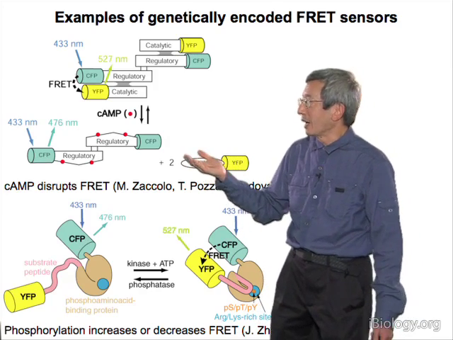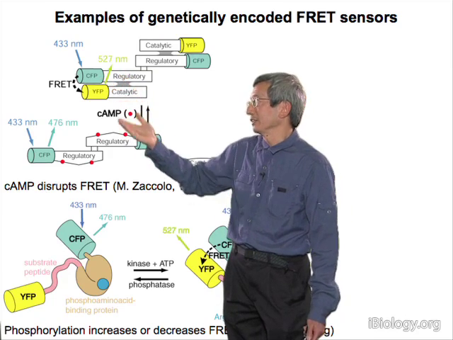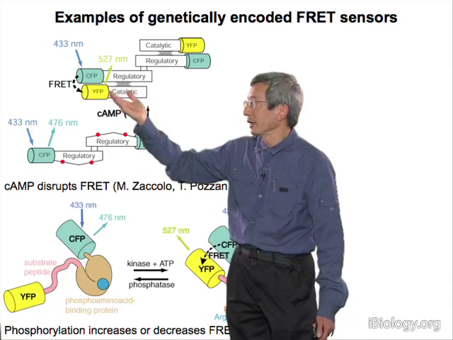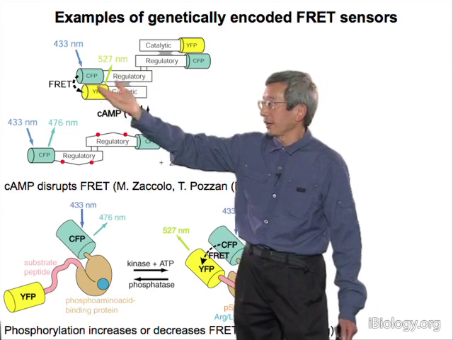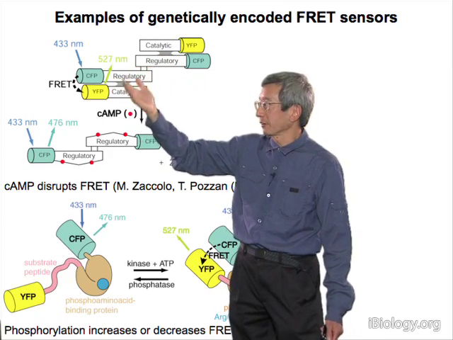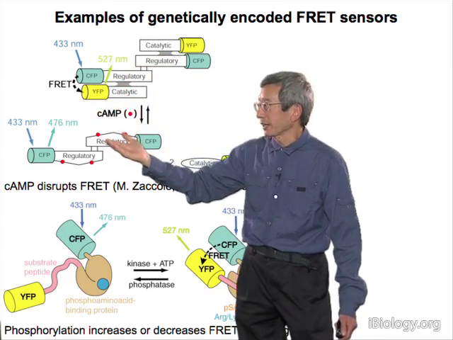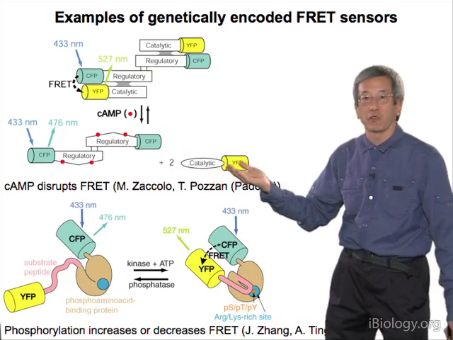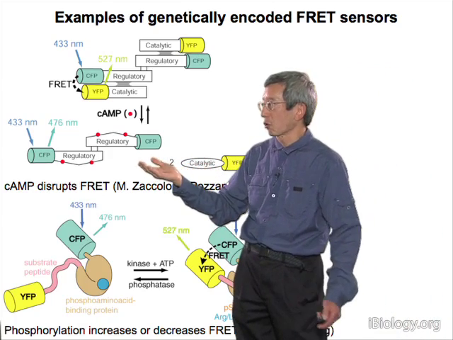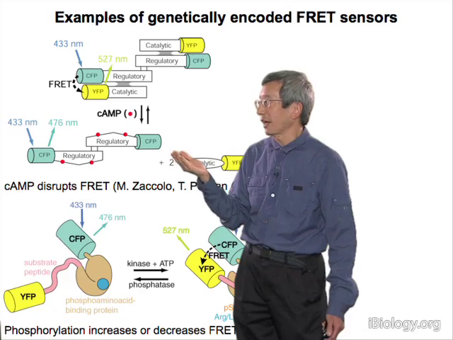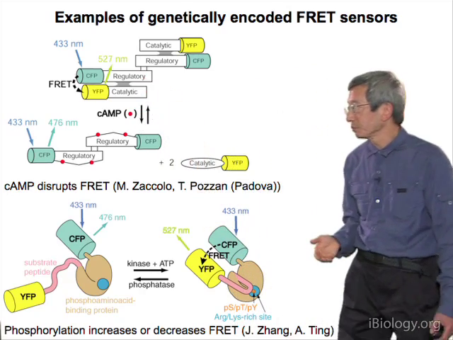So it's fairly obvious: put one color, in this case cyan, on the regulatory, and put another color on the catalytic. In the original form, they are doing FRET to each other. They're held close to each other. When the cyclic AMP comes on, it breaks up the FRET. And this process is also reversible. When the cyclic AMP is destroyed, then these subunits find each other and go back to this state.